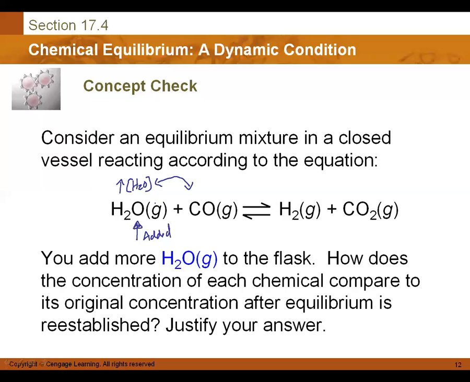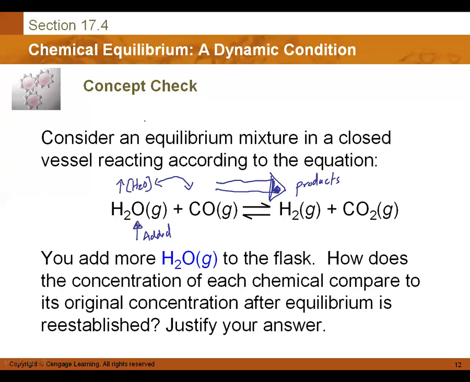The H2O is there. It can find it relatively quickly. And when we add more of that water, it's really going to kick this reaction off heading towards the products, because we have more water to react with the CO. It's going to initiate that forward reaction to take place.